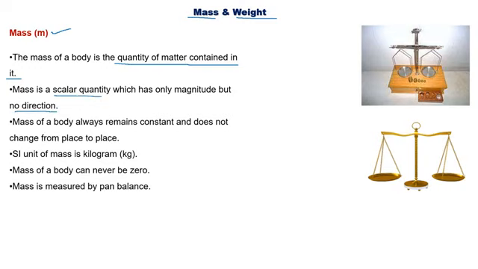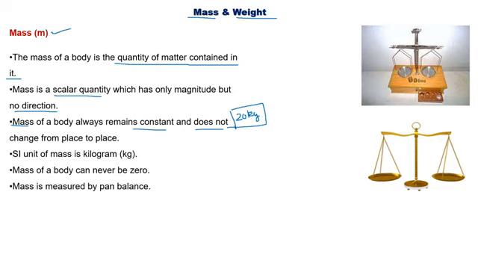Now mass of a body always remains constant. That means if you go to any place on the earth, the mass will remain the same. Even if you go to the moon, Jupiter, Mars, Venus, any part of the universe, the mass will remain constant. If a body has a mass of 20 kg, that mass will remain the same wherever you go in the universe.